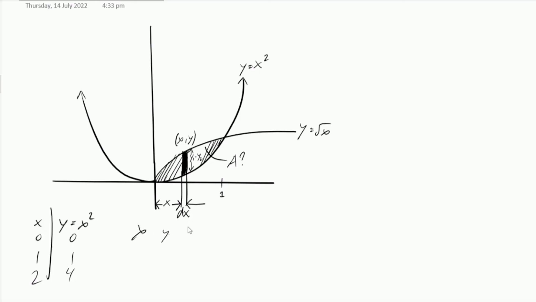Next, y equals square root of x. 0 will become 0, 1 is still 1, and then 2 is 1.414. As you can see, we have the same point at 1, so this is equal to 1, 1.